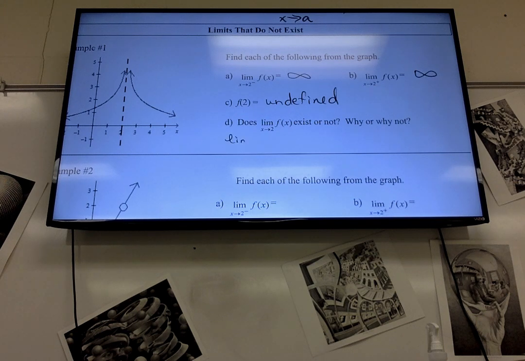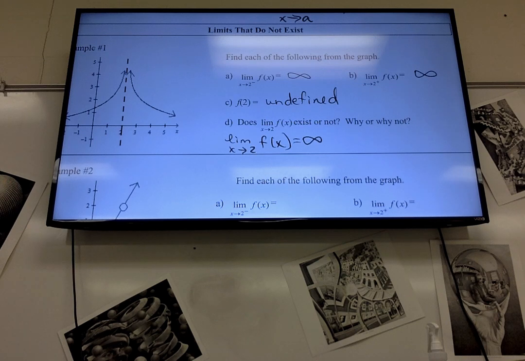No. There's no defined number. Now, sometimes you will see, and they will have infinity here. That is not necessarily wrong. It's just not an actual limit.